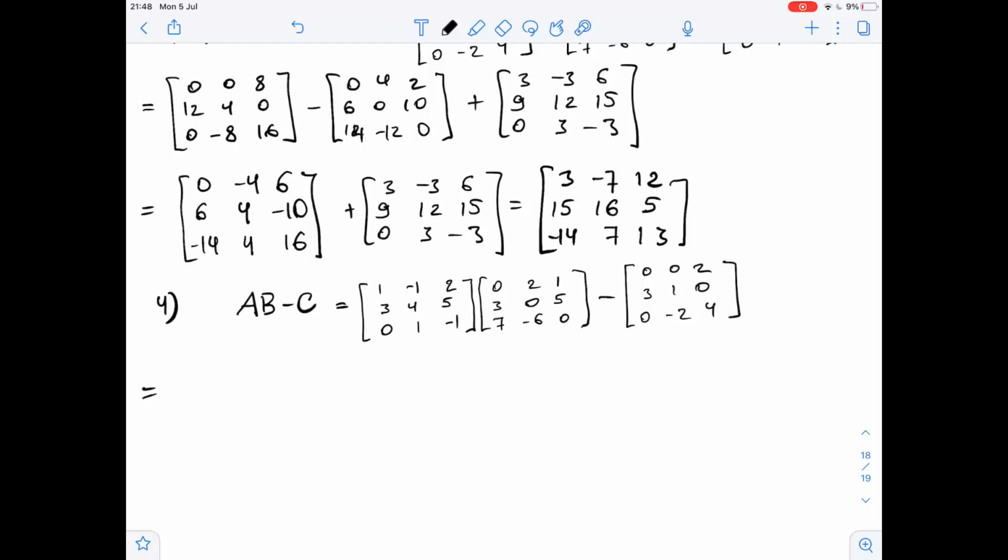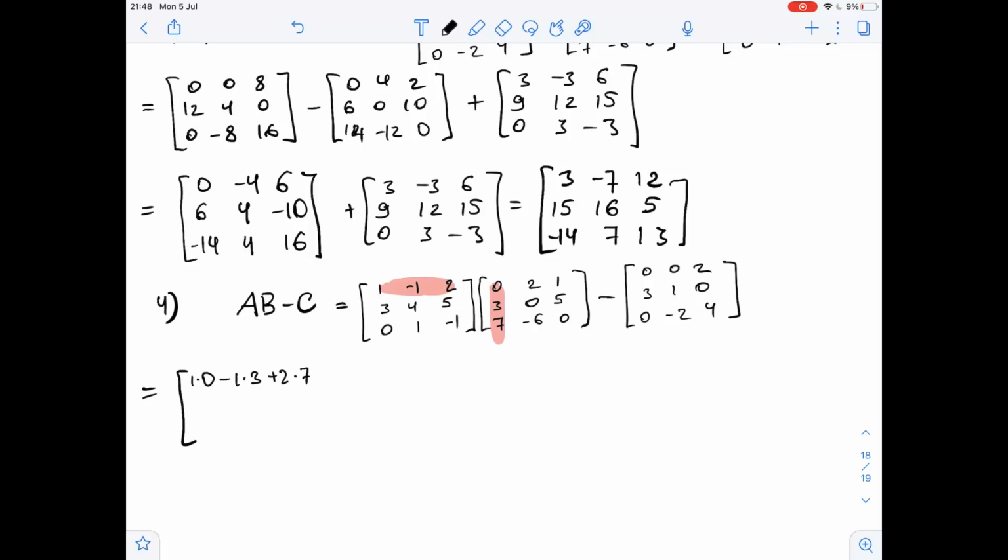So here we get 1 times 0 plus negative 1 times 0 plus 1 times 0, I was looking at the wrong column. So to find the first entry, we find the dot product of the first row and first column. 1 times 0 minus 1 times 3 plus 2 times 7.